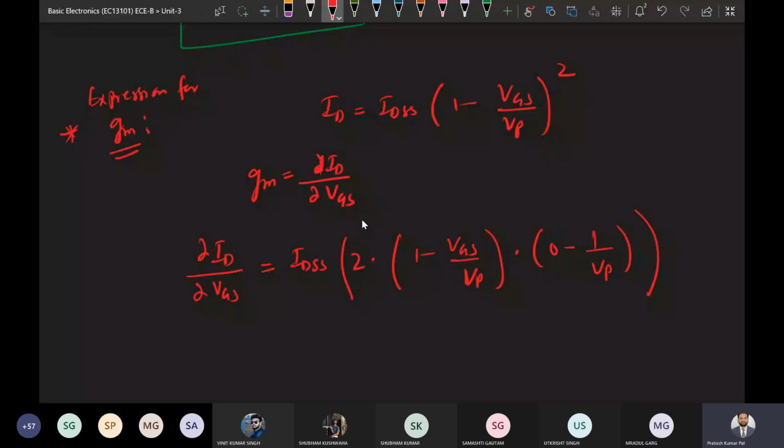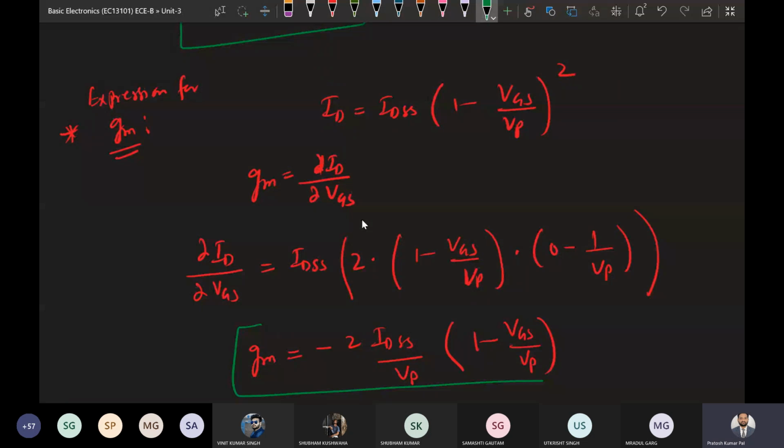By rearranging, this is nothing but the GM: minus 2 times IDSS divided by VP, times (1 minus VGS by VP). So this is the expression of GM.